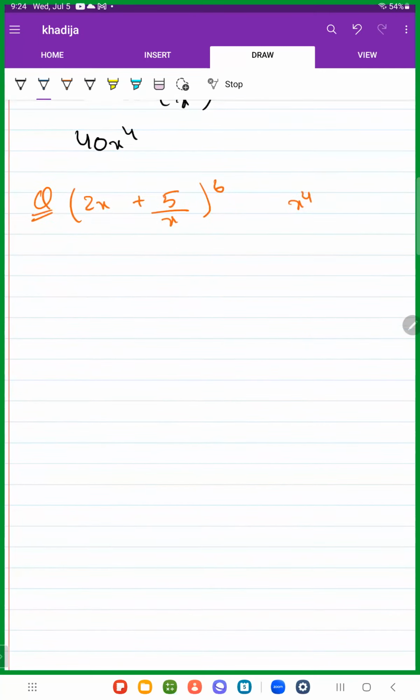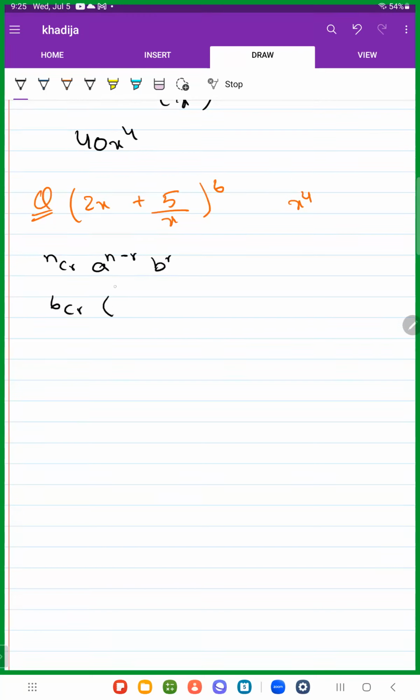Okay, sure. So what is the formula for the term? It's nCr, A remains the same basically, n minus r, B to the power r. So it's 6Cr.